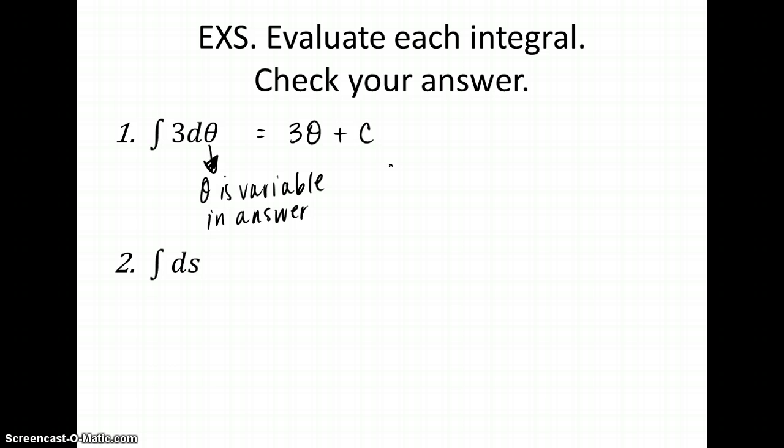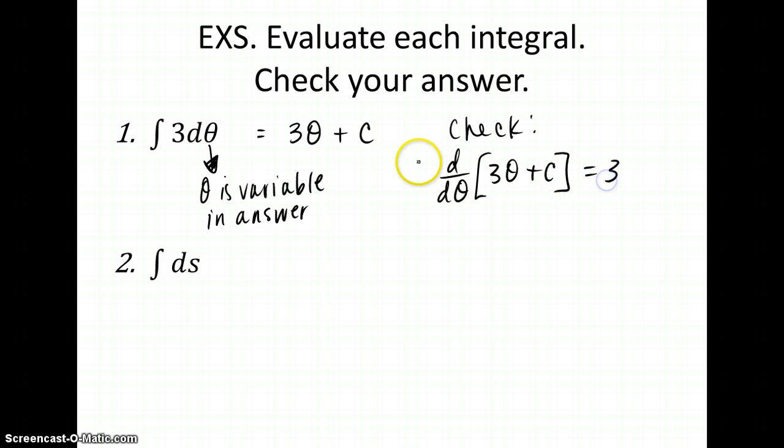And we'll talk about particular solutions in class and what the difference is. So how can I check my answer? The derivative of 3 theta plus c is 3. 3 is my original integrand. I'm good.